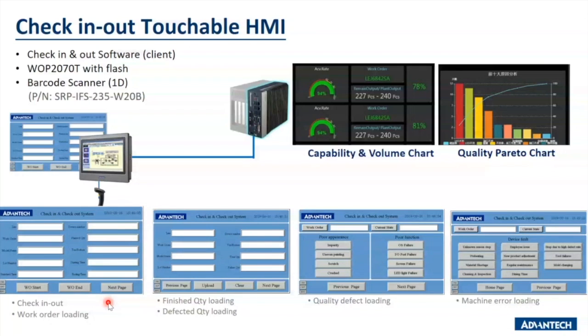So it can help you fill up information like the check-in/out system, work order loading, finished quality loading and defect quantity loading. And then how is your quality defect loading? Also, you can input the information as well as the machine error loading.